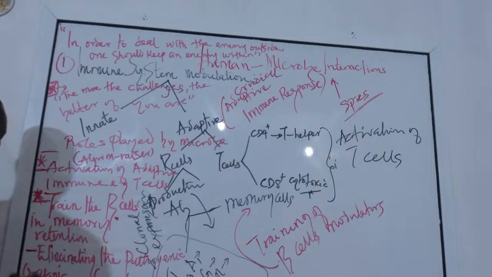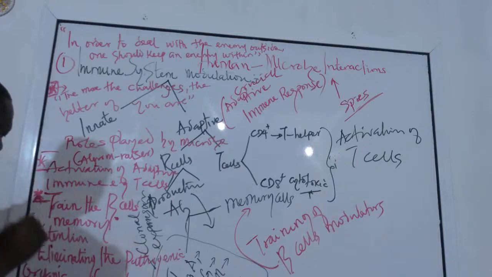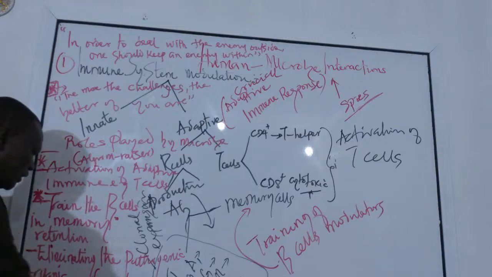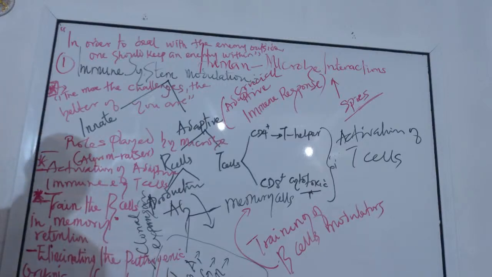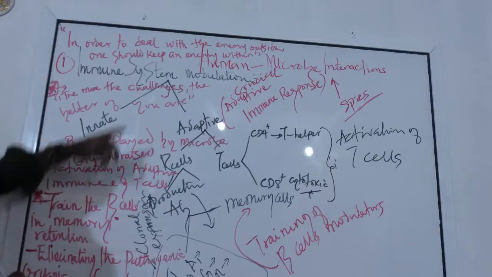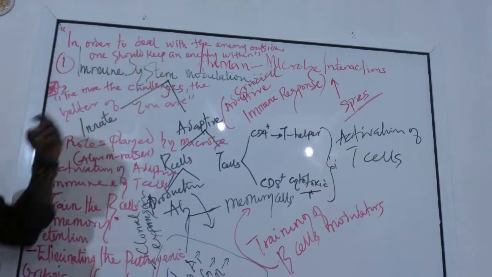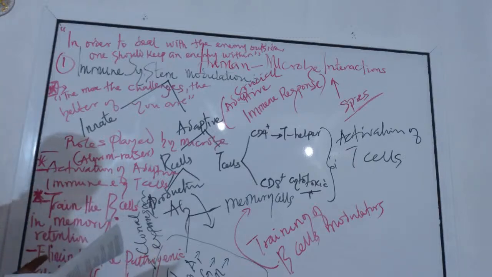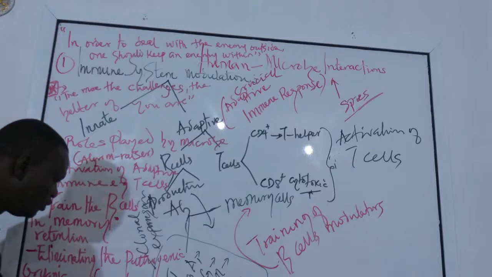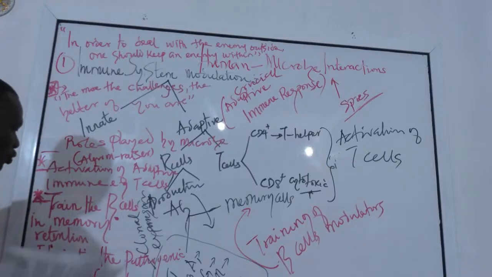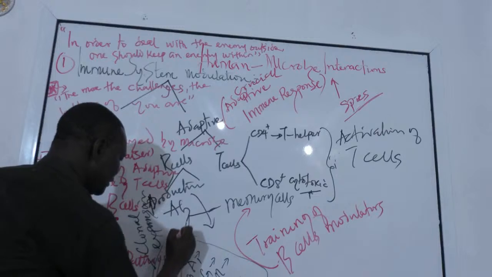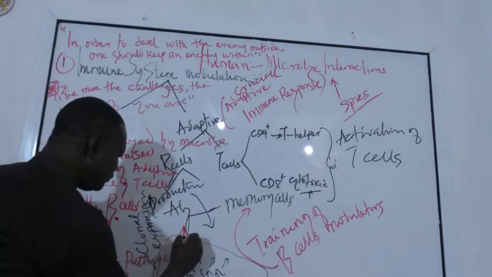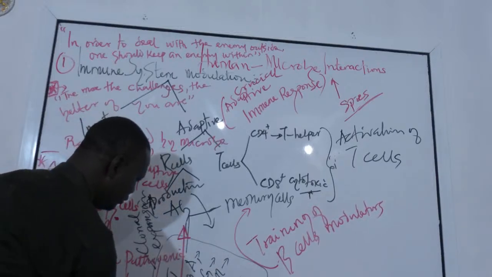Then the third one is that they play a very critical role in eliminating the pathogenic organisms from the body, because the enemy within, who has now become a friend, will now join with you, will now collaborate with you, and by the time they collaborate with you, they will help to raise your ability to fight.